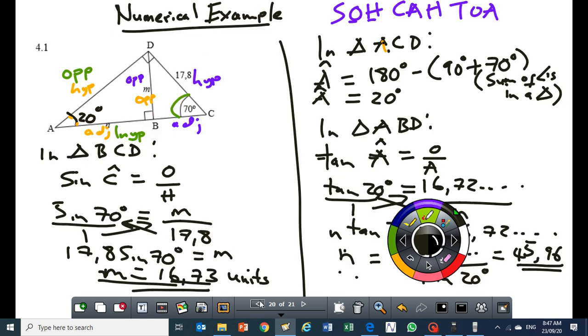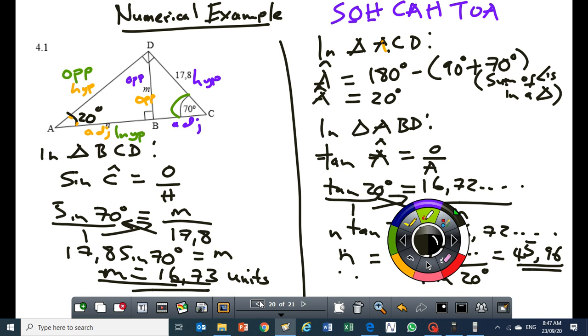We need to know which triangle we are going to use. For triangle BCD, we have a hypotenuse. For triangle ACD, we don't have the hypotenuse. Remember, angle C is a common angle to two triangles, BCD and ACD.